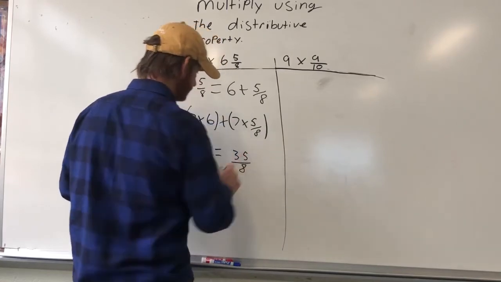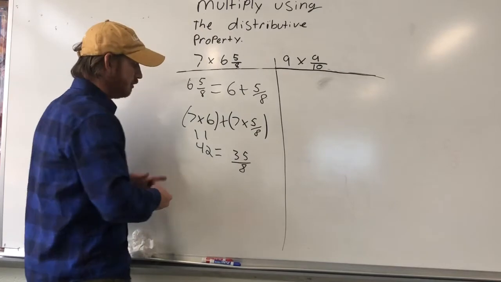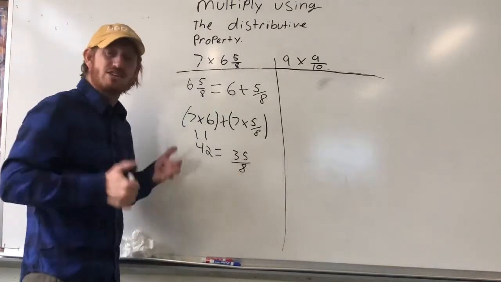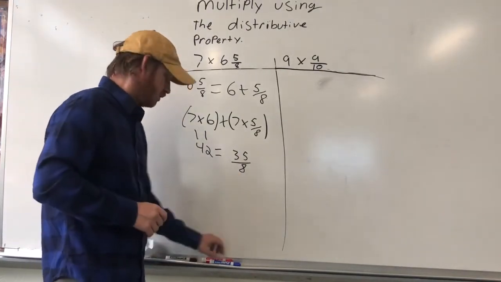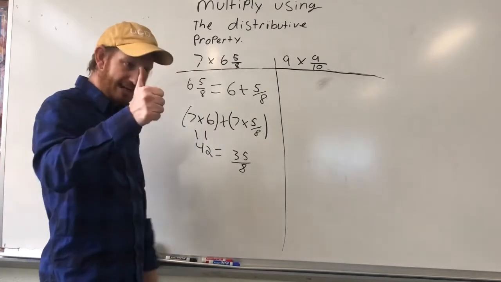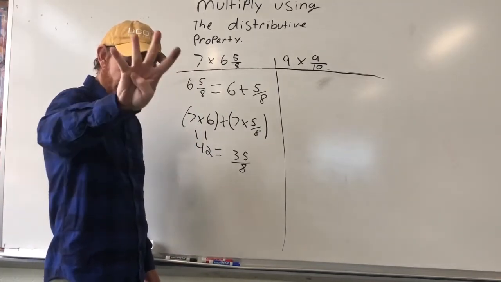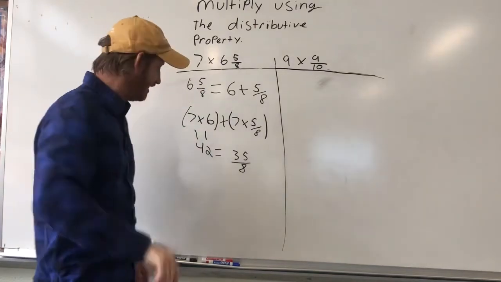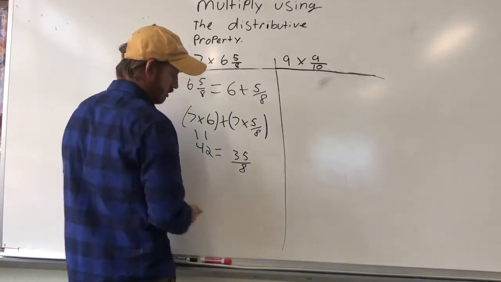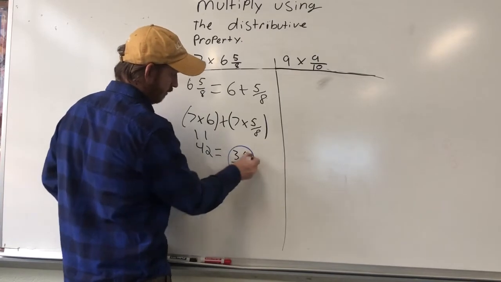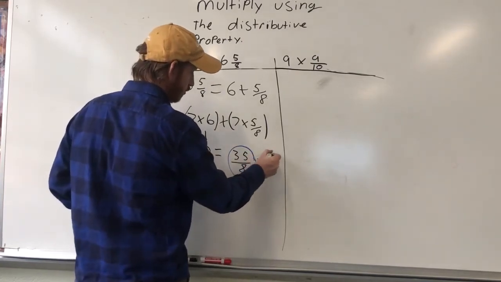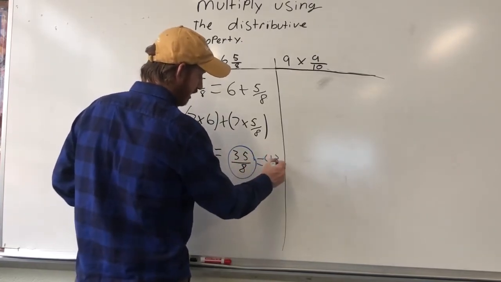35/8. But 35/8 is not at its most simple form. So if I count by eighths, I go 8, 16, 24, 32, that's 4. 32, leaving me 3 more. So 35/8 is equal to 4 3/8.